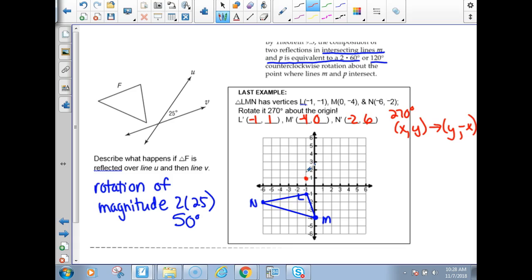-1, 1, label L prime. -4, 0, label M prime. And -2, +6, way up here, N prime. And we'll draw the figure.